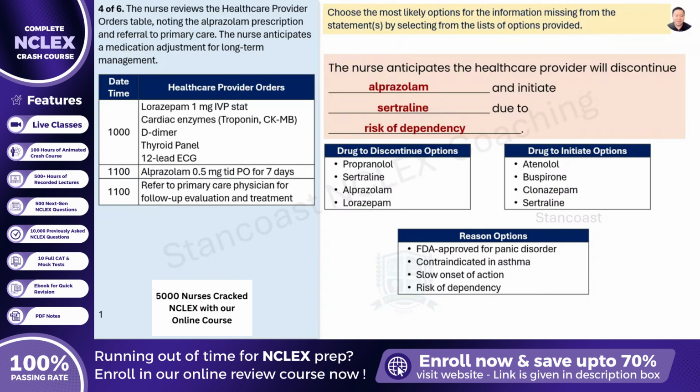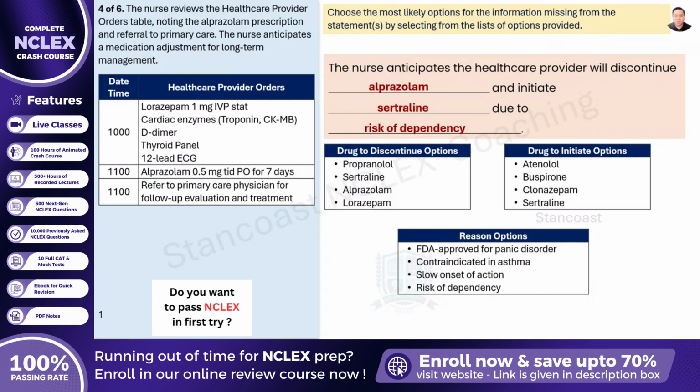All right. Now, why are the other options incorrect, such as slow onset of action? We know that sertraline can take 2 to 4 weeks to work fully, but that's just a characteristic, not the reason that alprazolam needs to be stopped. Now, if you selected contraindicated in asthma, well, this is applicable if you selected atenolol, which can worsen asthma.